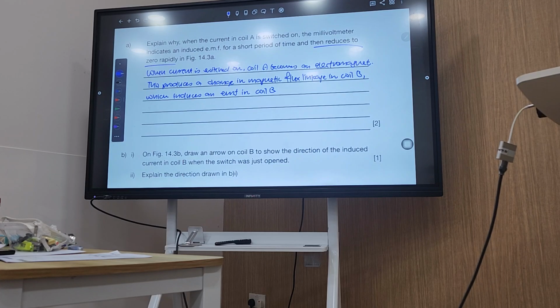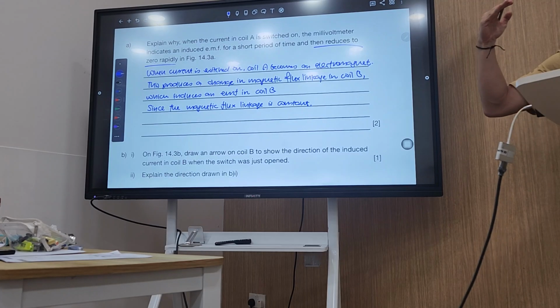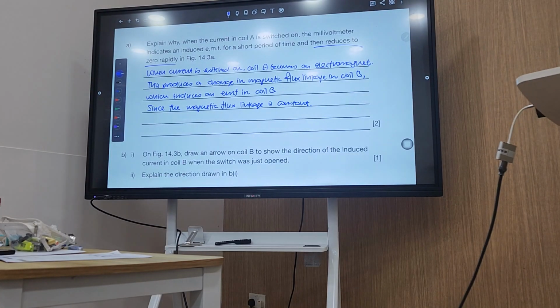So we will say that since the magnetic flux linkage is constant, after you shoot up to that value, you stay at a constant value, correct or not?